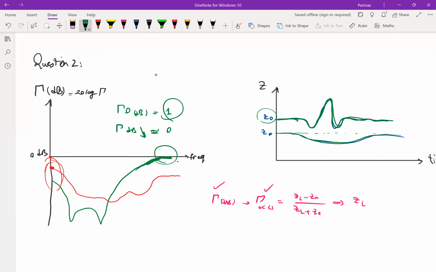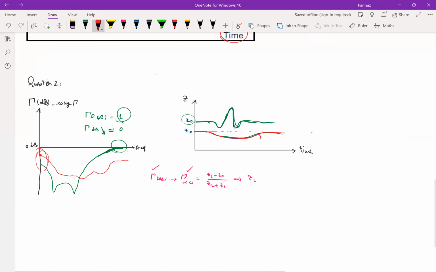So this is going to be our red line, because the deviation from 50 ohm is happening slowly. And for the green one, the disturbance is happening at high frequency, with a high change, and that's why the reflection coefficient at higher frequency is basically the worst. Okay, I think that's it.